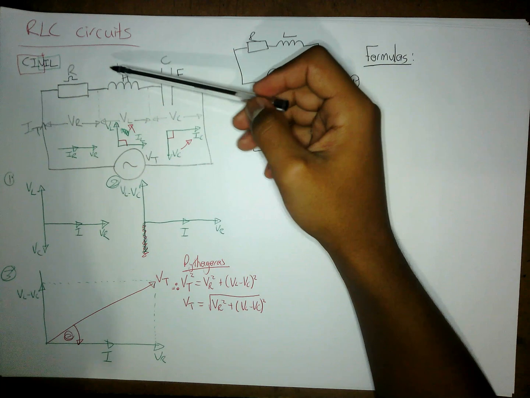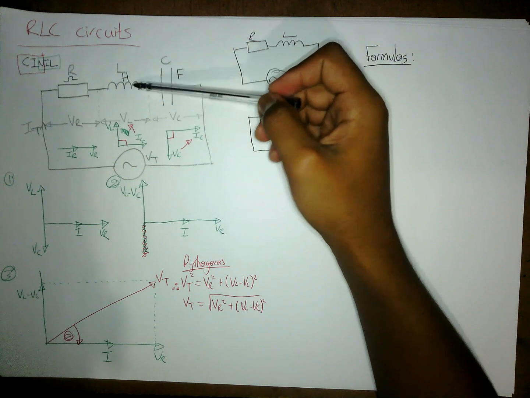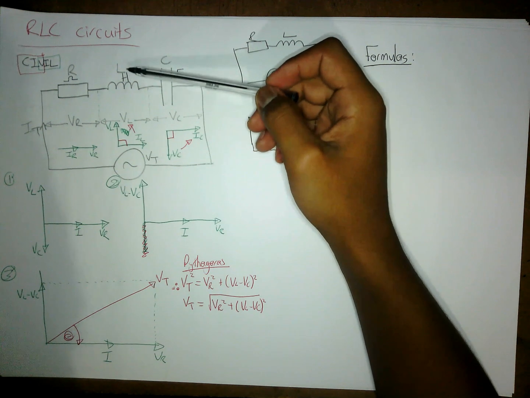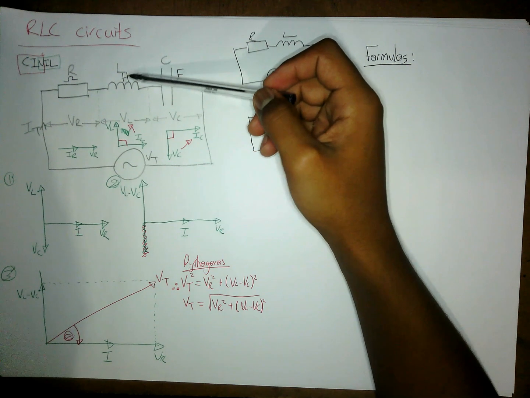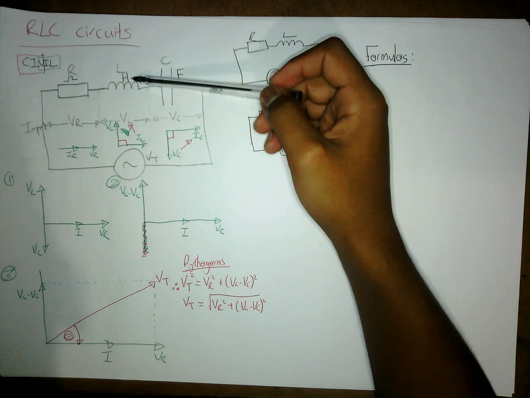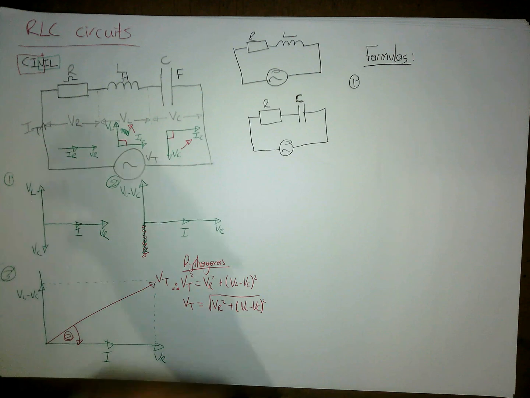We are normally given the value of the component in other forms. Inductance in the inductor is measured in Henry, so we must convert Henry to inductive reactance. Inductance is in Henry and inductive reactance is in ohms.